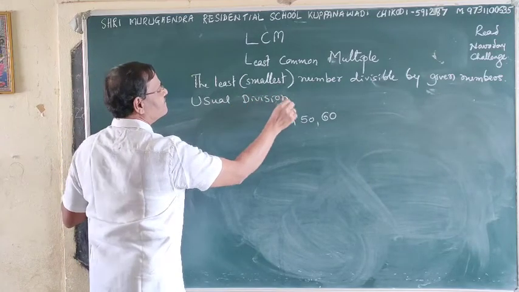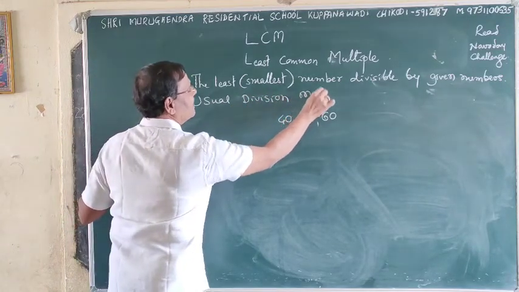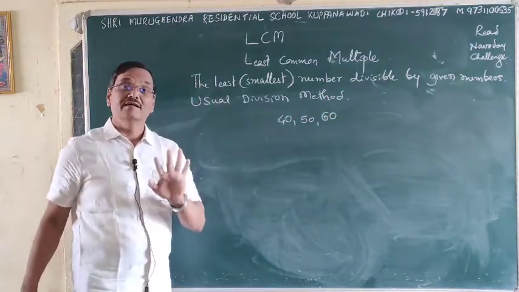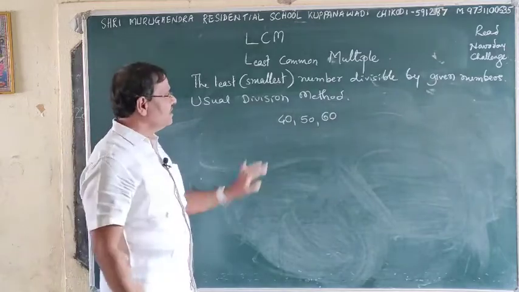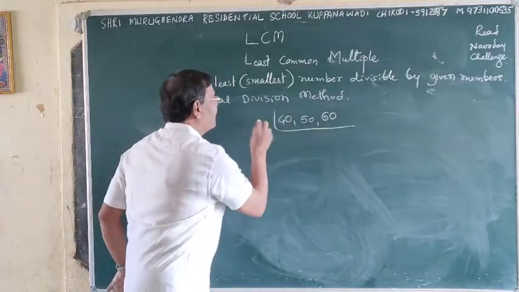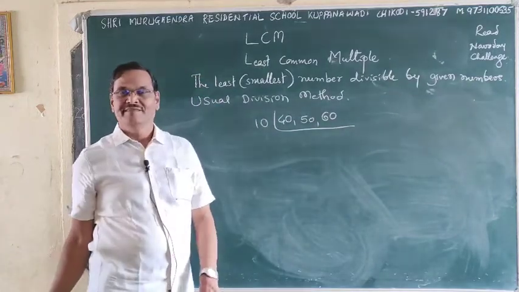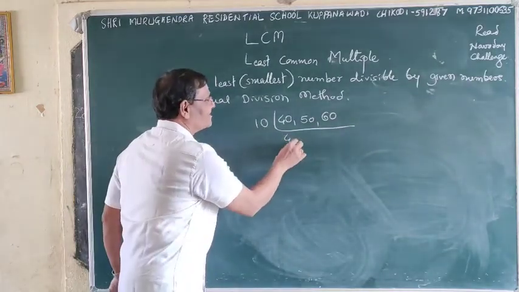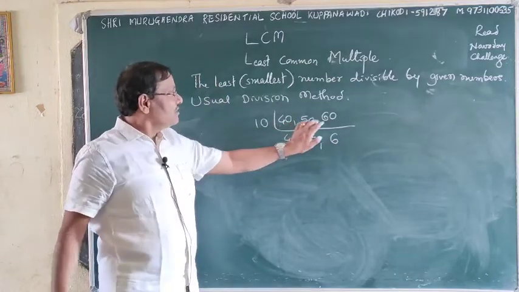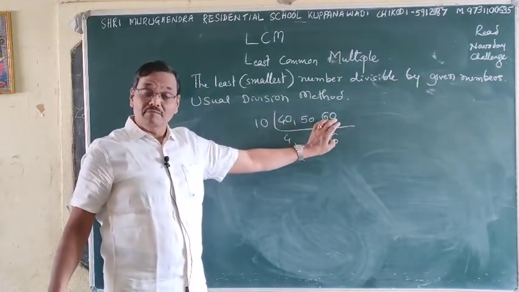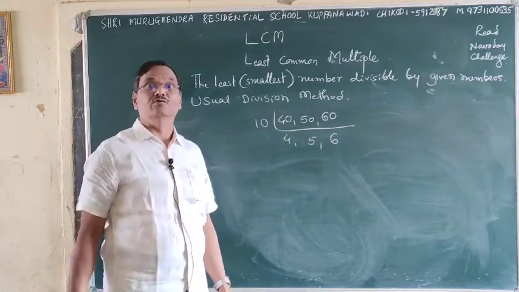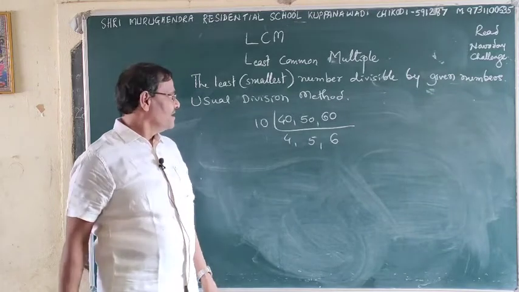But here you have to understand the things that I am telling you now. See, 40, 50 and 60 are commonly divisible by 10. Isn't it? 10 4s are 40, 10 5s are 50, 10 6s are 60. See, all three numbers at a stretch reduced by 10. 10 times they reduced.